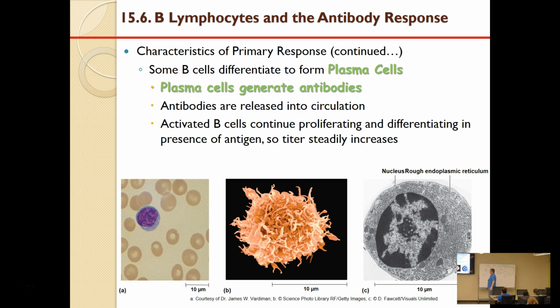They're activated, and continue proliferating and differentiating in the presence of the antigen. As long as the antigen is still in your body, those B cells just keep making more and more of themselves. More and more of them get turned over to plasma cells, and they just keep going after that antigen until it is gone. That process, grabbing the T helper cells, just keeps going until the infection's cleared, which is a good thing.